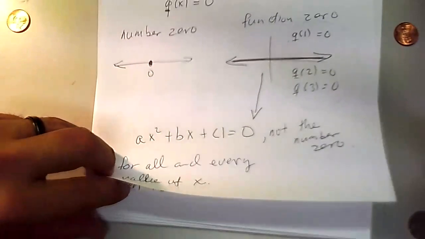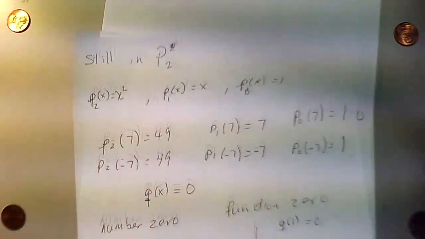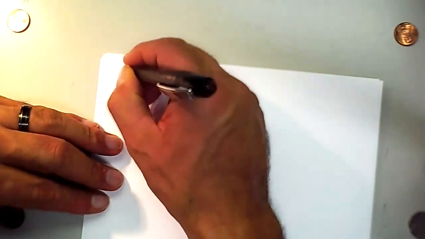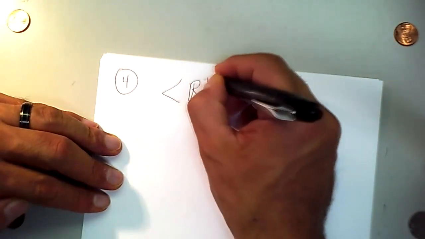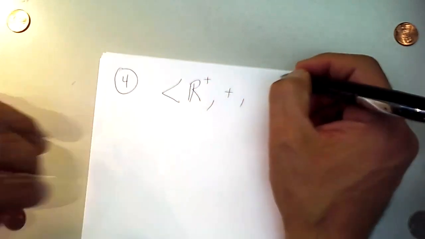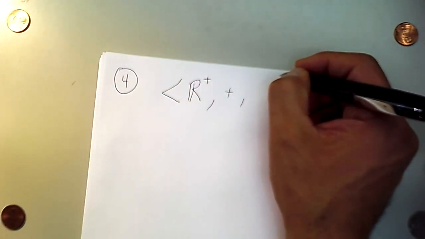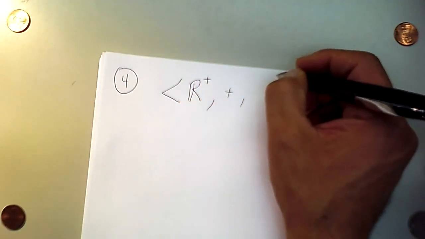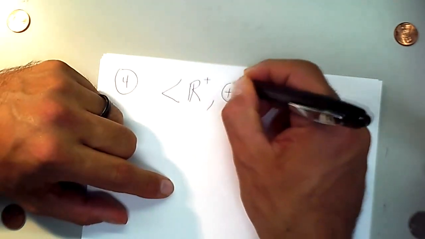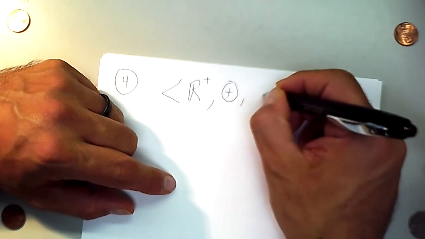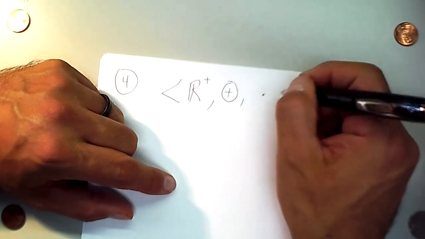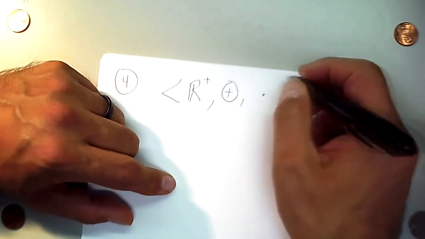Let me give you one more example, which is a weird example, but it is reasonably well known. Example 4, the positive real numbers, addition, but we have to have a special addition and a special multiplication by scalar.